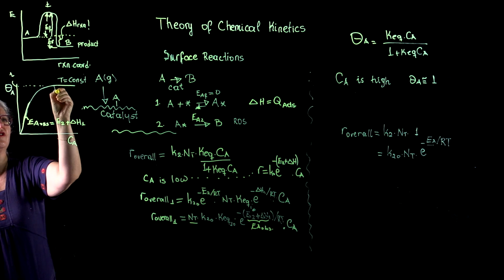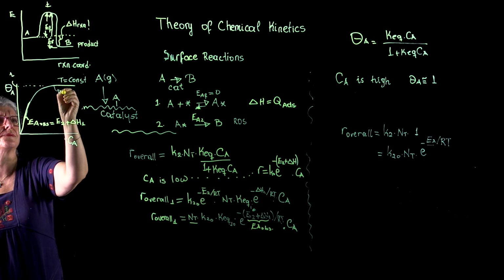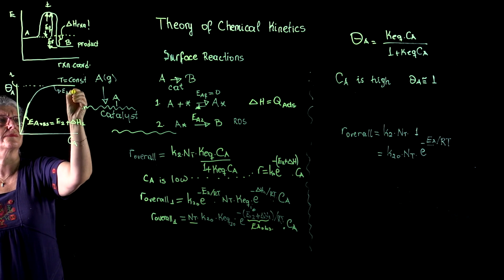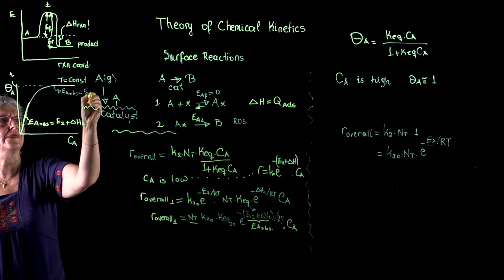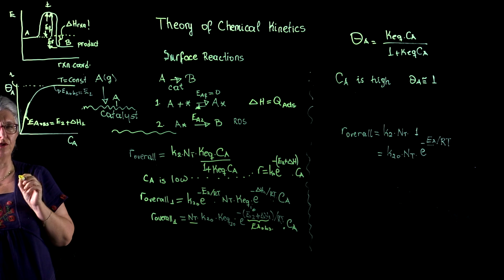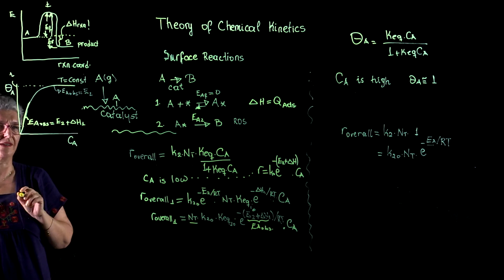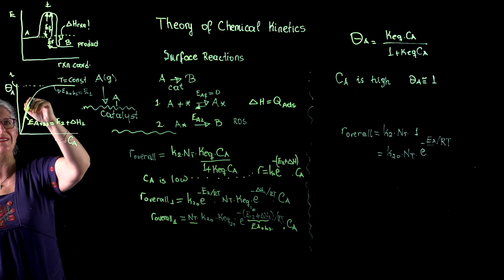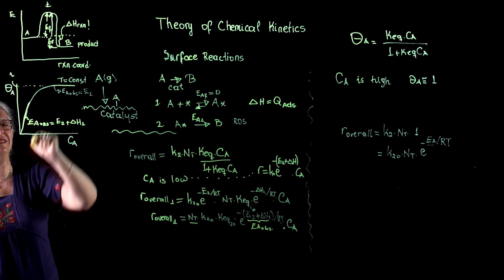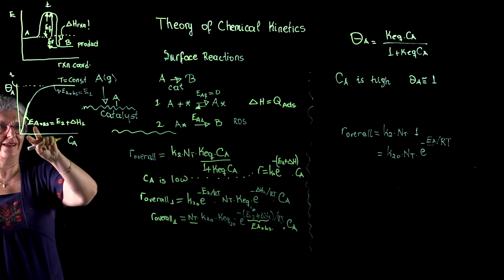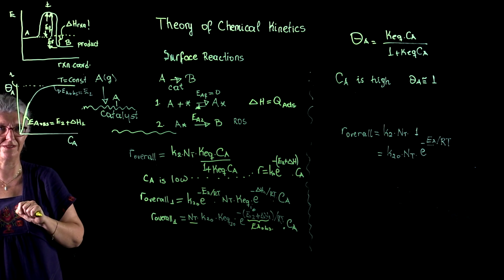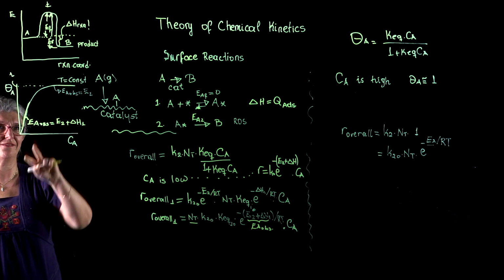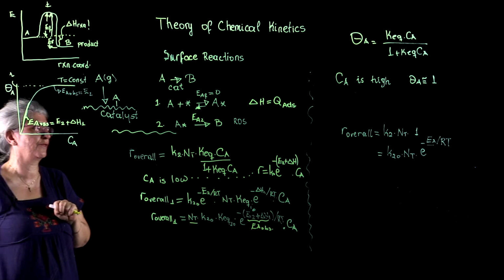So our observed activation energy is E2 here. And of course, you have understood by now that in this intermediate domain, the activation energy is a function of concentration of A. And it's a very strong function of concentration of A.